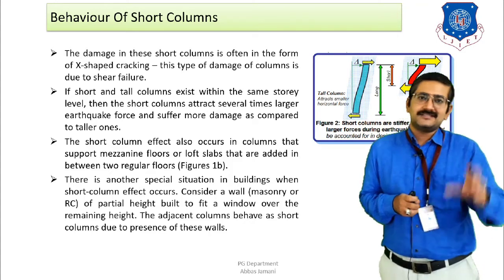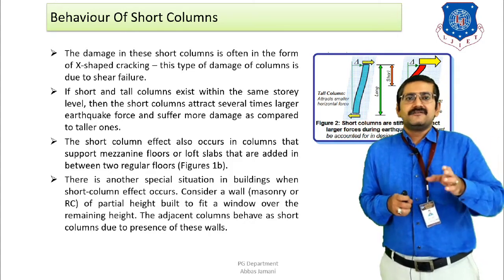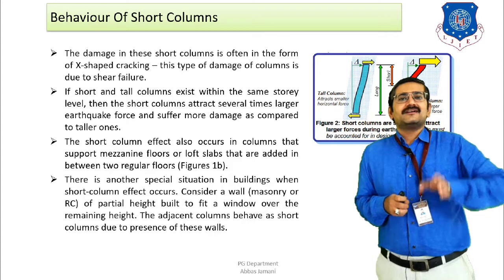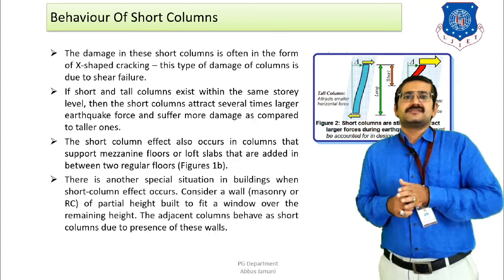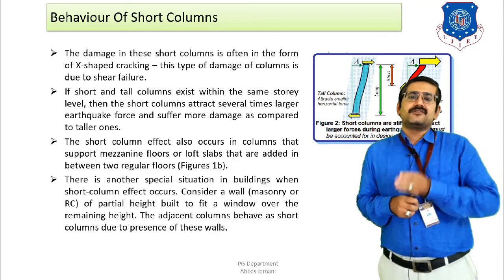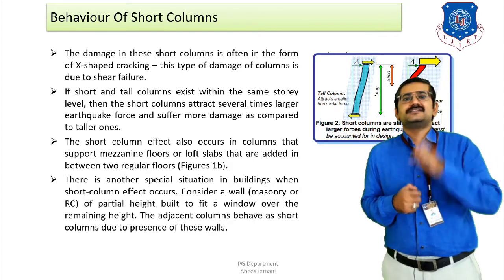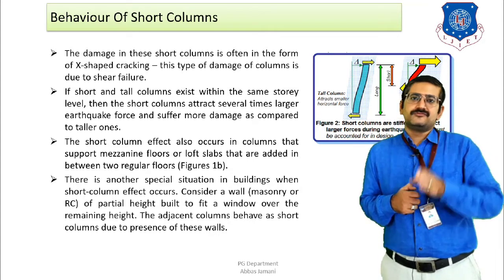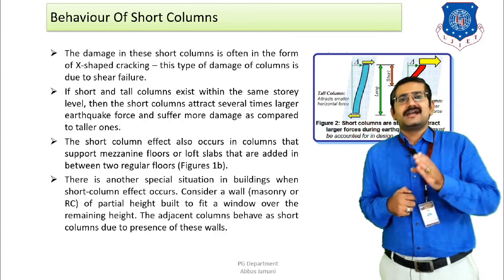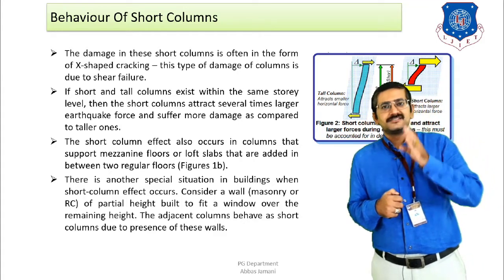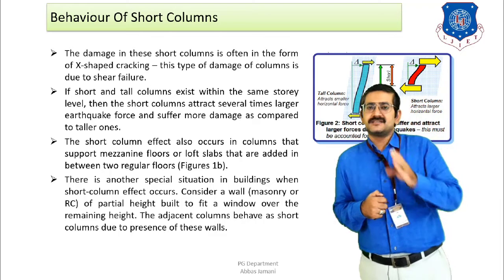In all the lectures that we have discussed previously, we have seen everywhere that in case of lateral forces, shear failure of the column is the most predominant type of failure. And that is why the shear capacity of the column needs to be checked every time, so that the performance of the building is not hampered due to insufficient shear capacity.